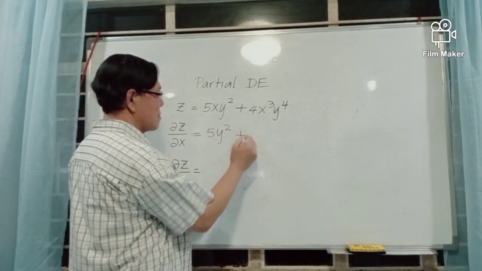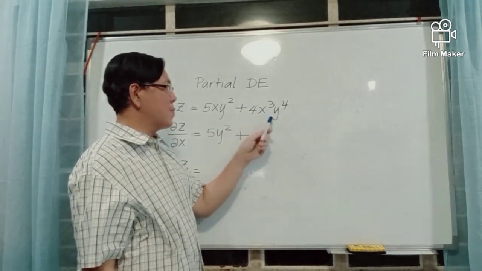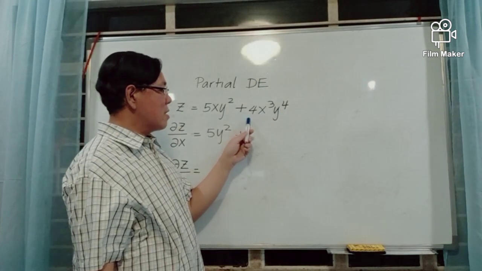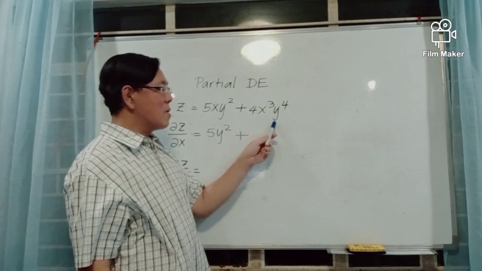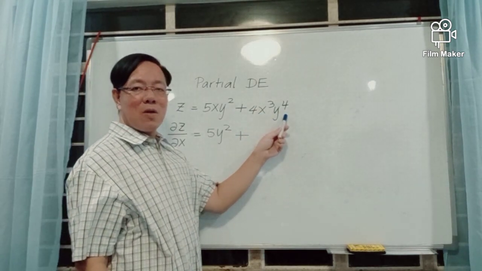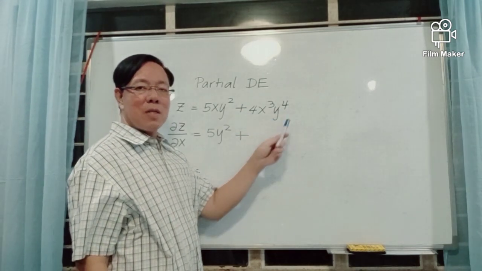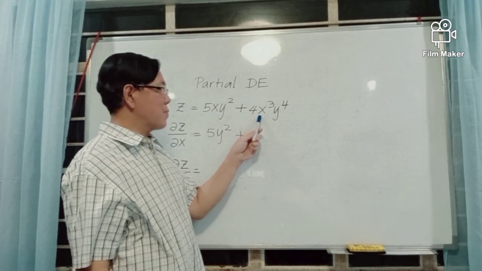Plus the derivative of 4x cubed times y to the power 4. We get the derivative of this with respect to x, and we consider y raised to 4 as a constant, or 4 times y raised to 4 is a constant, and we differentiate x cubed.